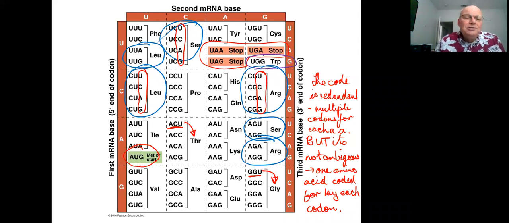So while it does kind of do double duty, it really means only start, and it really means only methionine. The stop codons, they really mean stop and nothing else. So there's built-in redundancy, but there's no ambiguity in the code. And that's really important if we're going to accurately translate the messenger RNA into polypeptides.